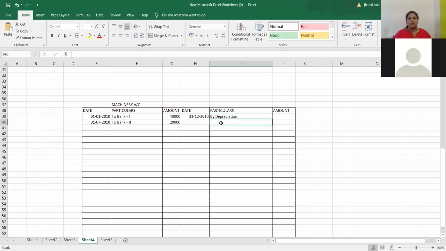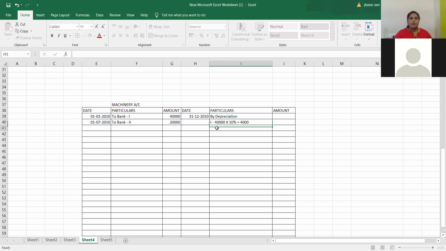For the first machine, the value is 40,000 and the rate of depreciation is 10%, given in the question. It is purchased on 1st January, so for the whole year. So depreciation for the first asset will be 40,000 into 10%, which comes to 4,000.